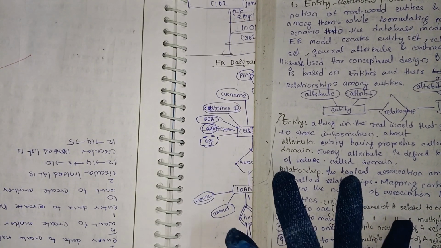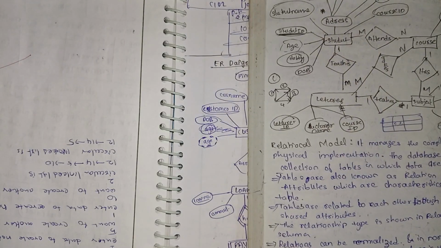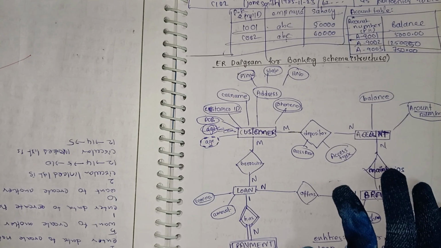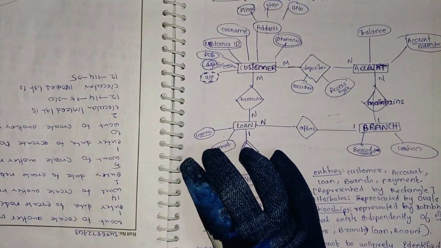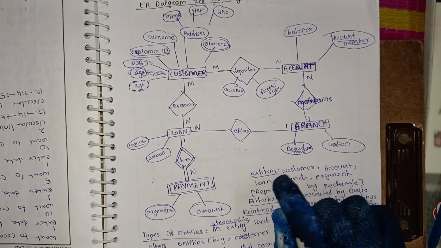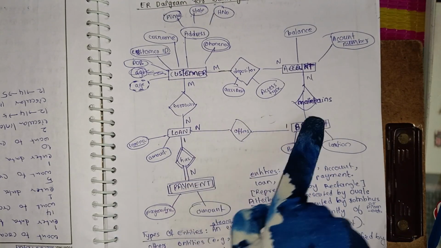And then here is the ER diagram for the banking schema. First, entities: customer, account, loan, branch, and payment.